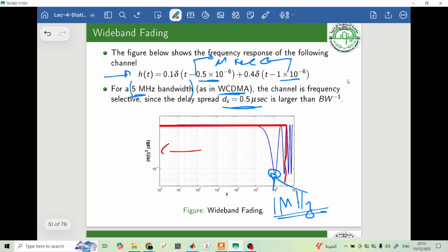So this is a 5 megahertz bandwidth. This part of the signal will suffer attenuation, which leads to degradation in the performance.